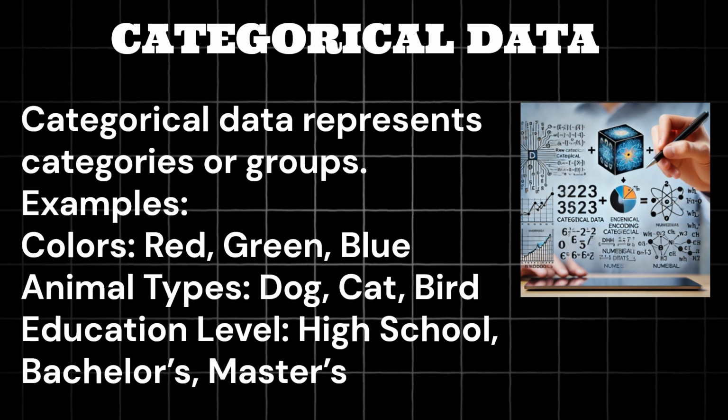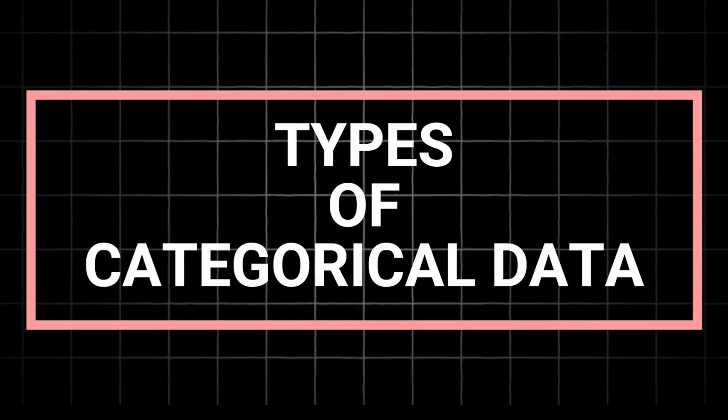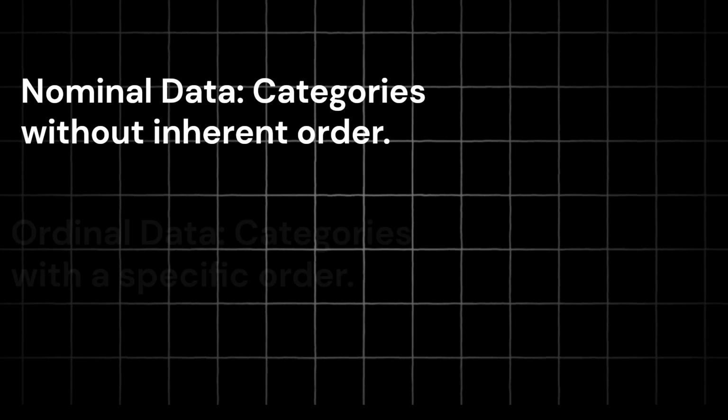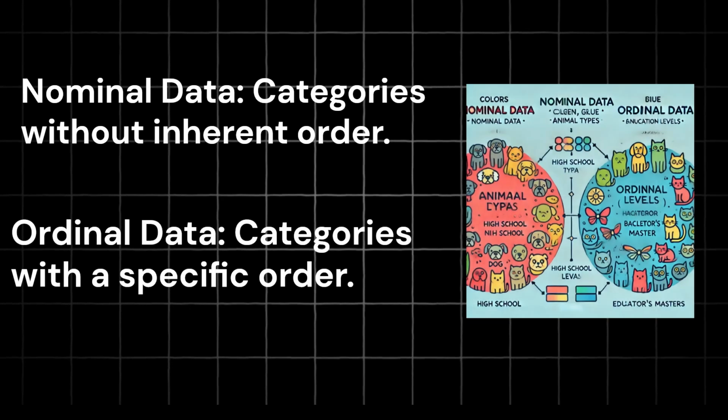These categories are essential for capturing the diversity and complexity of real world data. Categorical data can be further divided into two types. First, nominal, second, ordinal. Nominal data has categories without any inherent order, like color or types of animals. On the other hand, ordinal data has a specific order or ranking, such as education level or rating.